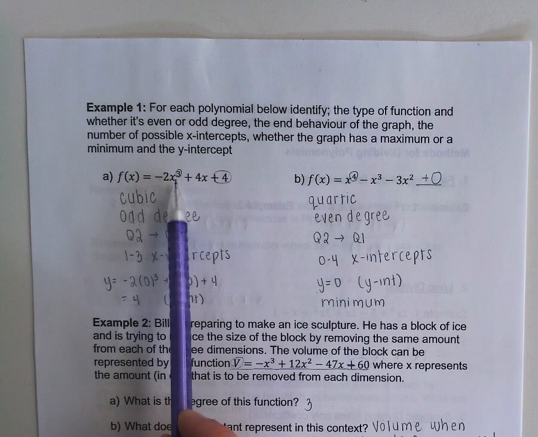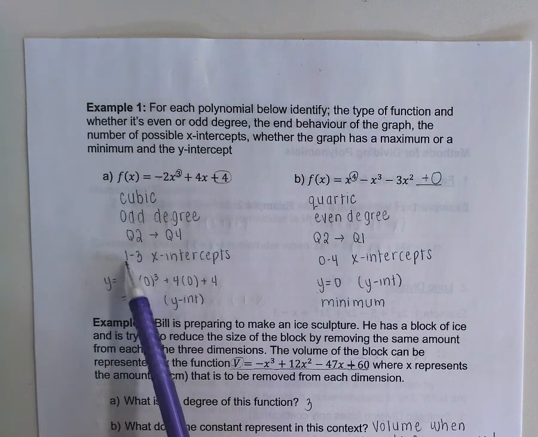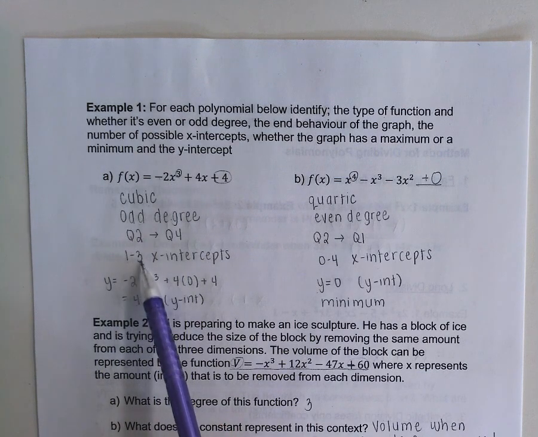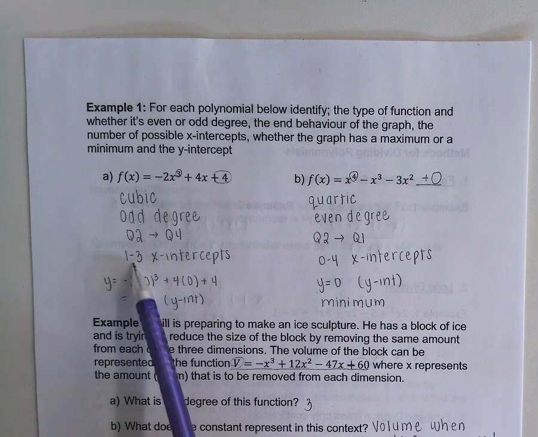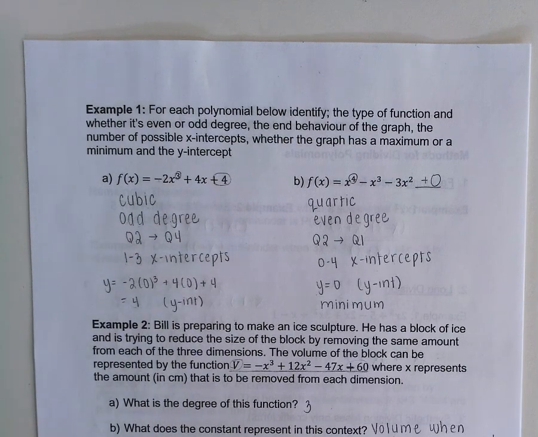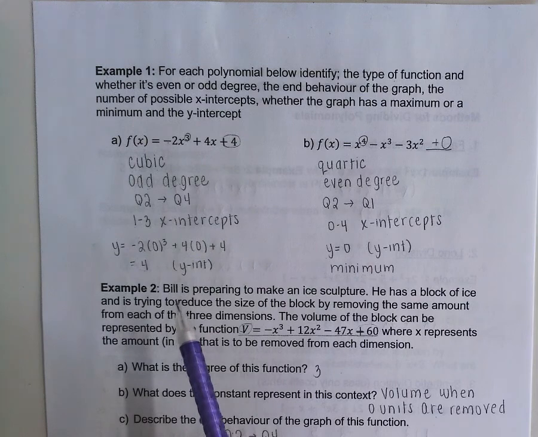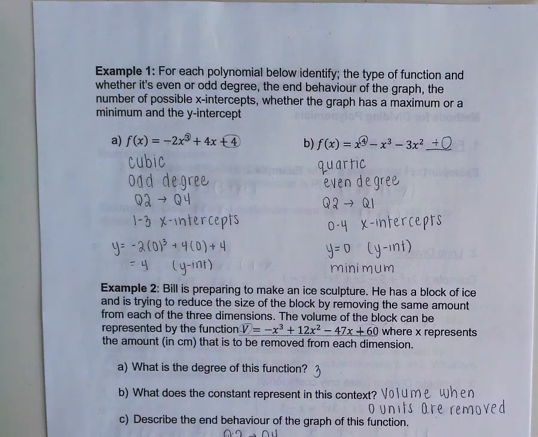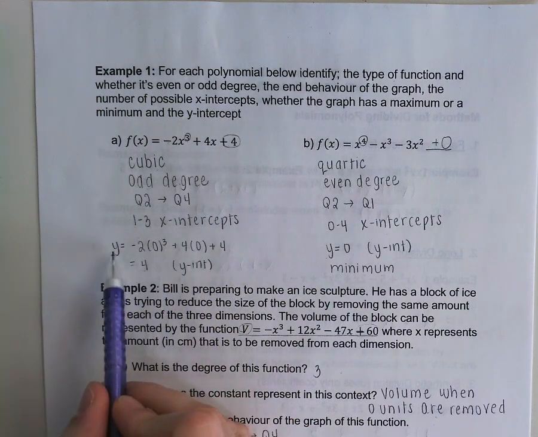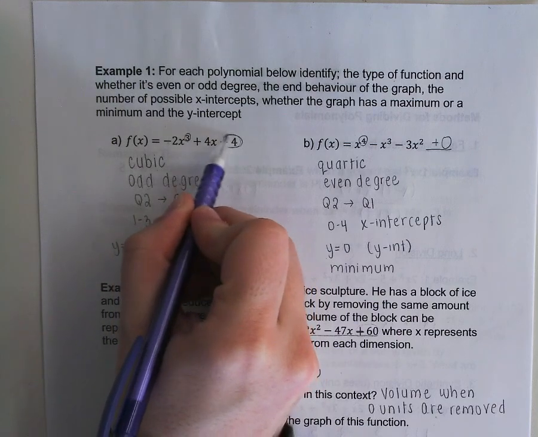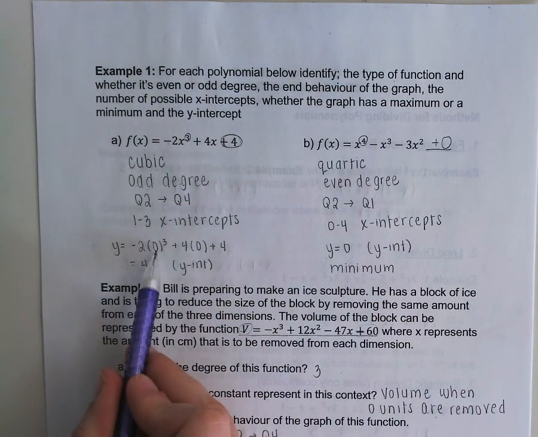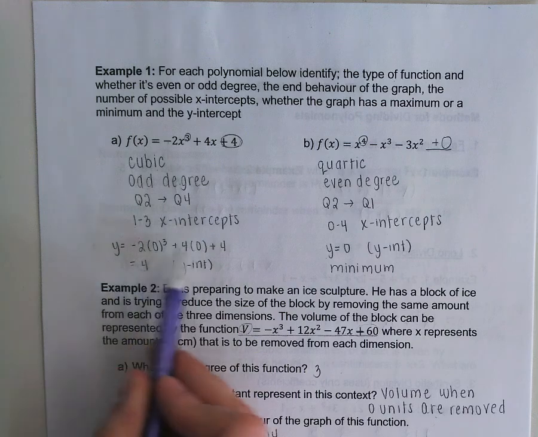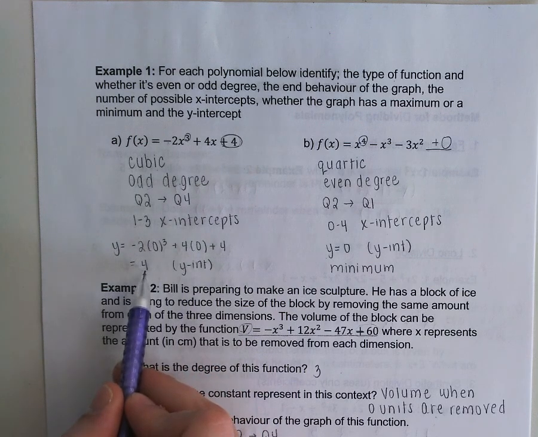Because it's an odd degree, it's definitely going to have at least one x-intercept, but it could have up to 3. So 1, 2, or 3 x-intercepts. It won't have a maximum or a minimum because it's an odd degree, and its y-intercept is at the constant, which is just at 4. I also substituted x equals 0 here for the y-intercept, but you don't really have to.